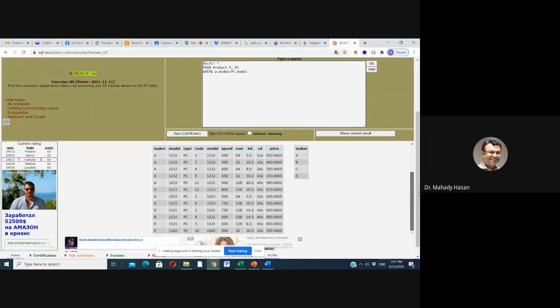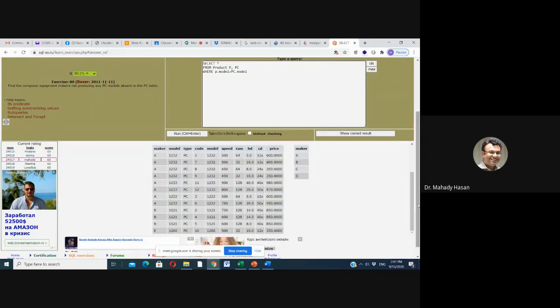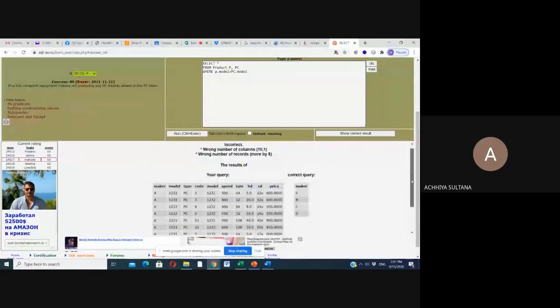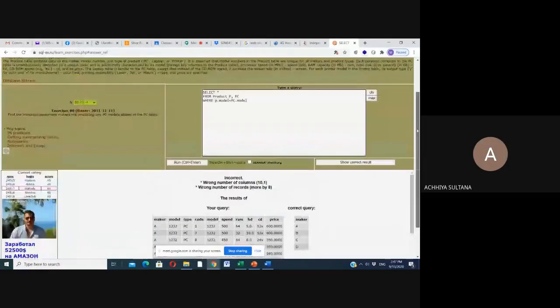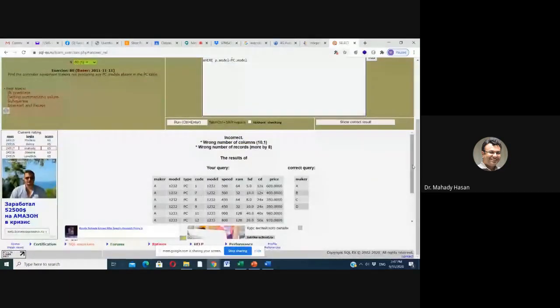But if I have done that, you can see A, B, E. If I have made the combination with PC and product, I found only A, B, E as the makers, right? But here it is A, B, C, D. Sir, here we did select all, so it shows all the attributes. But I'm talking about the maker one.